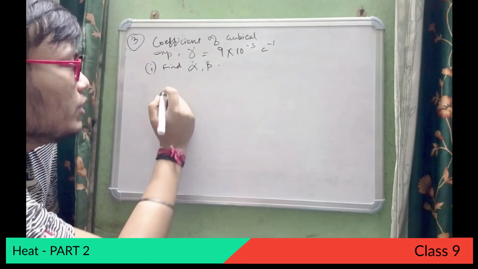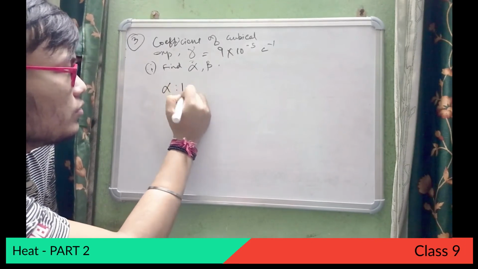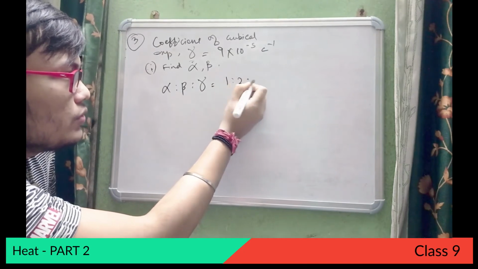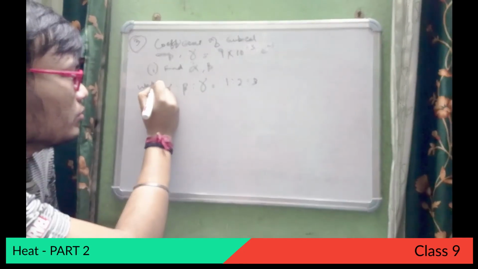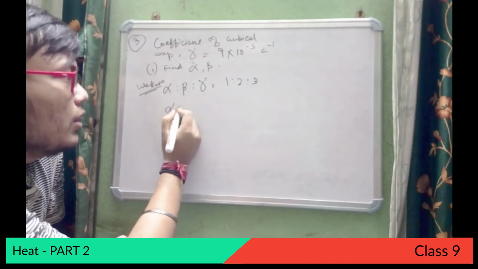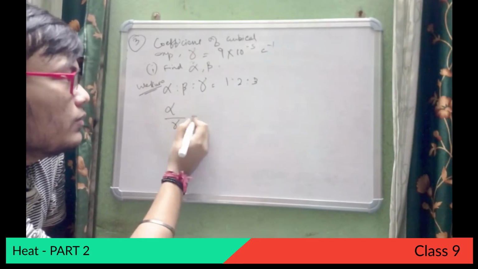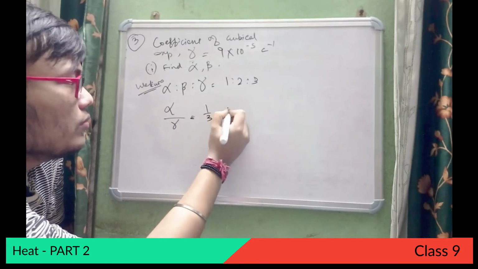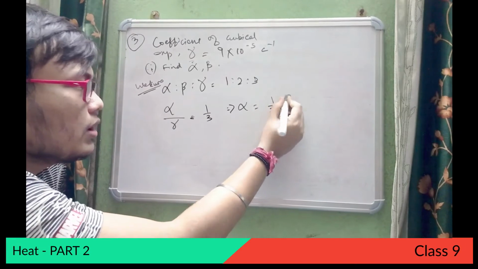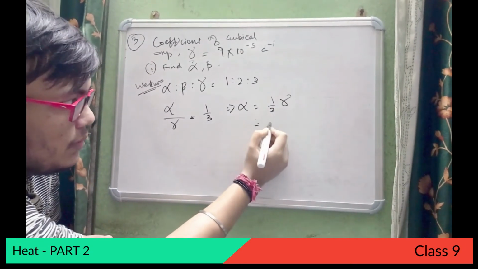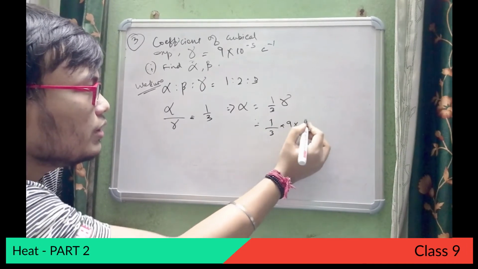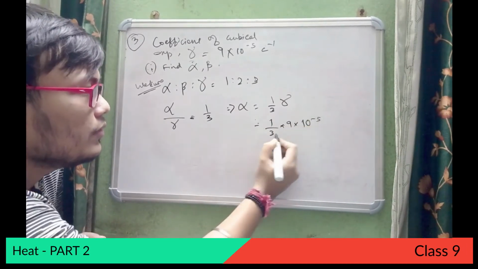Gamma is given. So we know the relation alpha is to beta is to gamma is 1 is to 2 is to 3. So from here we know that alpha by gamma becomes 1 by 3. So alpha is 1 by 3 gamma. So if we replace the value of gamma, we get 1 by 3 into 9 into 10 to the power minus 5.